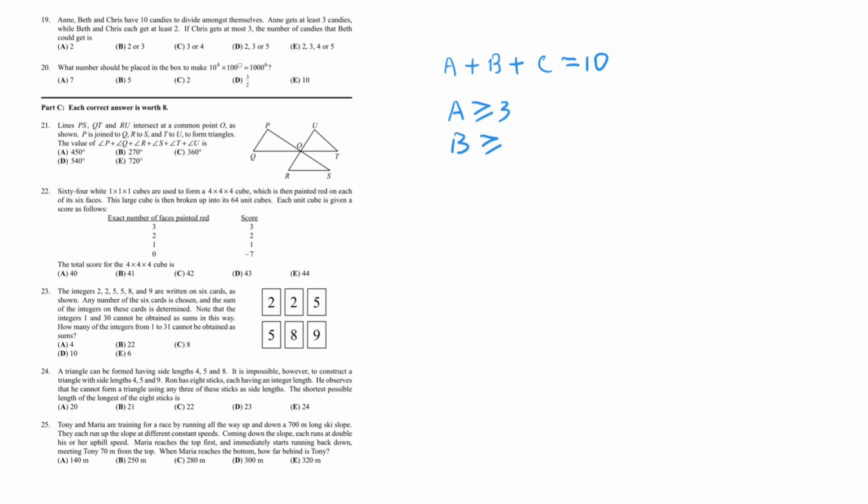That means A is greater than or equal to 3 candies. Beth and Chris each get at least 2. So B is greater than or equal to 2, C is greater than or equal to 2, and also Chris gets at most 3, so C is less than or equal to 3. That means Chris gets 2 or 3.